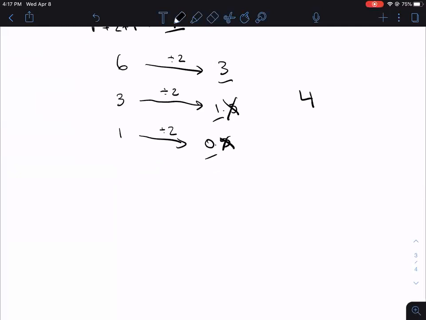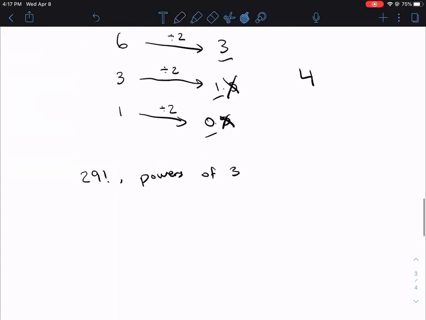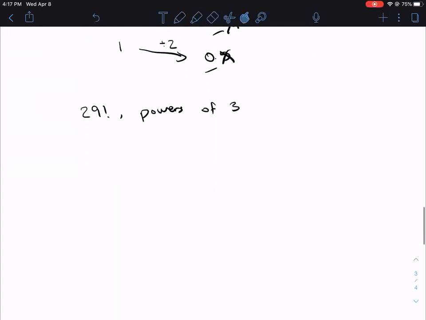So we can use this for bigger numbers as well. Let's say we have 29 factorial, and powers of 3. So how would we find the number of powers of 3 that are in 29 factorial? We just apply this formula. We start off with 29 and we divide by 3.